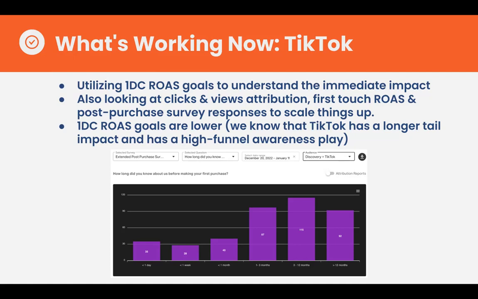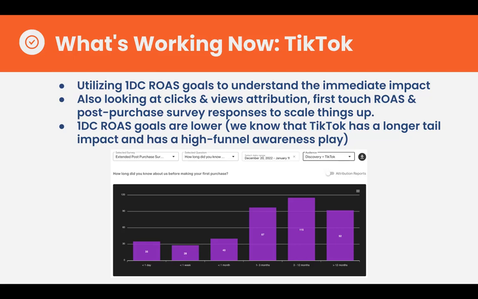Just know that it's working and trust the process, and approach TikTok from a higher level marketing perspective and less from a day trading ads perspective. We mentioned one-day click ROAS goals are lower and there's a longer tail impact. If you're going to be running TikTok ads, you need to be running post-purchase surveys. This data is super helpful.